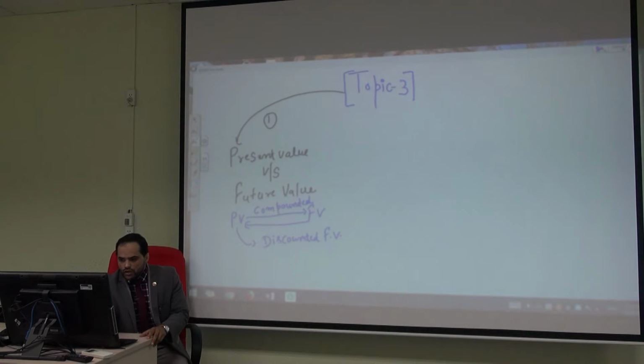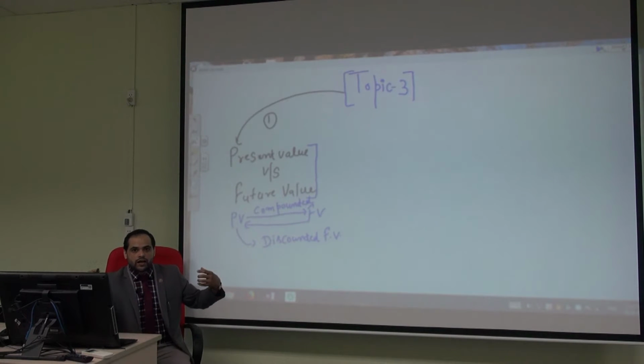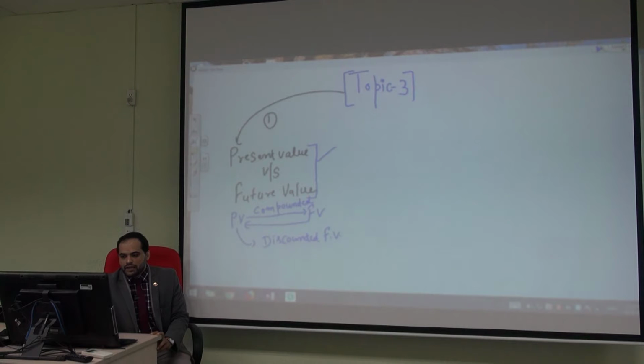If you want to calculate present value or future value, we need to know some basic information, some factors that we use to calculate them. We require mainly three things. The first one is cash flows.